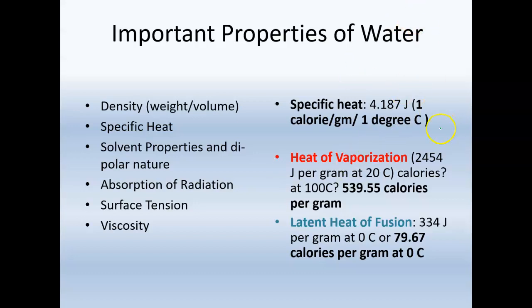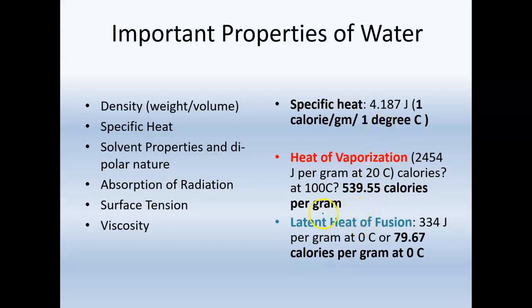But for the practice problem, you also want to know that the heat of vaporization of water, or the amount of heat it takes to change 1 gram of water at 100 degrees centigrade into a vapor, is 539.55 calories per gram. A lot more than it takes to raise it 1 degree centigrade when it's liquid.